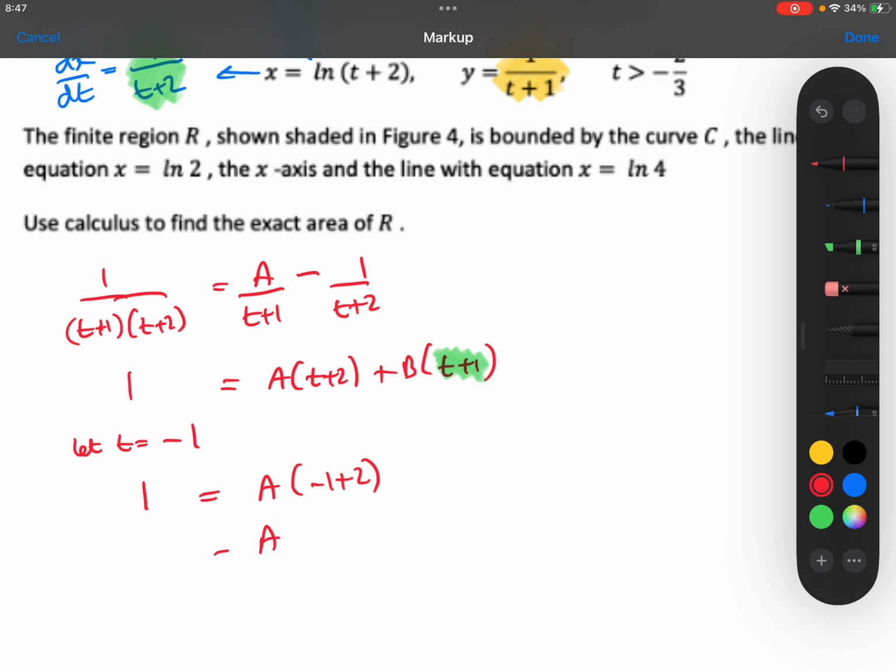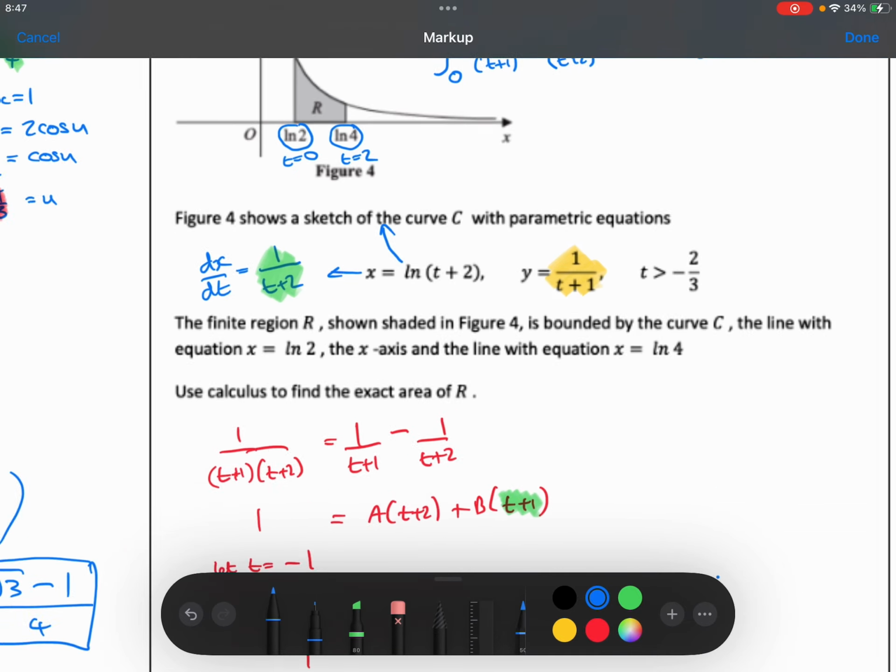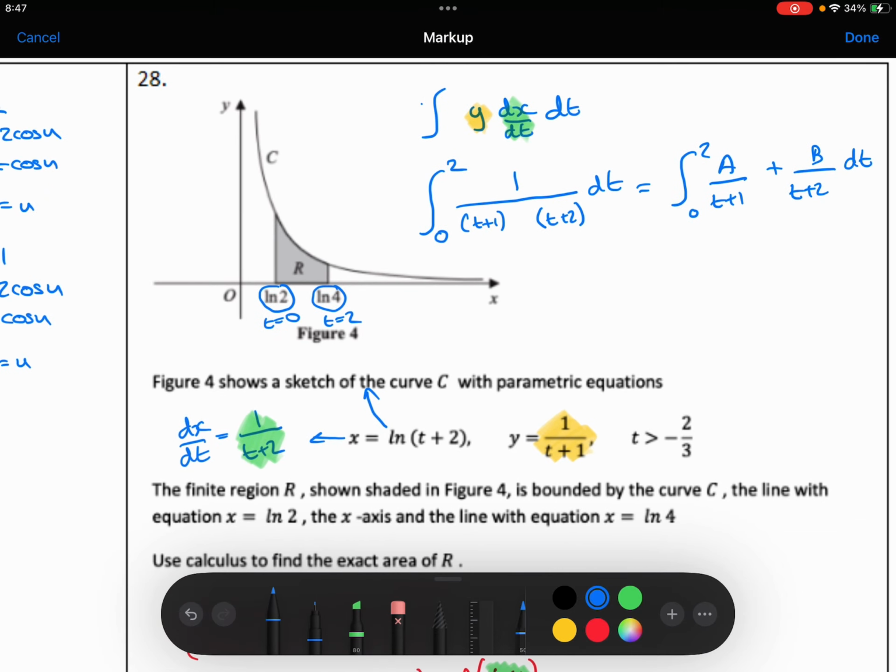So a will just be 1, which I can plug here. Right, thanks to that partial fractions work, I can now go back to my integral, because we know what a and b are now. The a was 1, the b was -1.